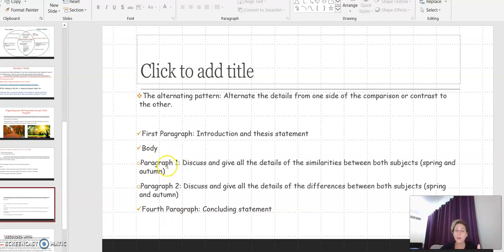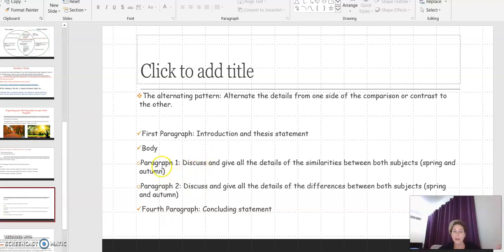In the alternating pattern, in your first paragraph in the body, you give all the details of the similarities between both subjects. That means you discuss the similarities between spring and autumn in one body paragraph. And in the second body paragraph, you discuss all the details of the differences between spring and autumn.